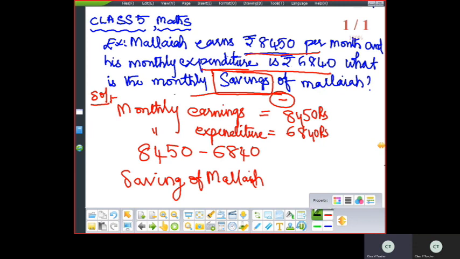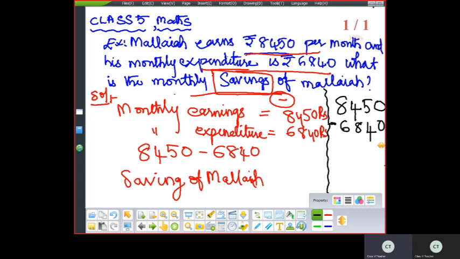Now let me do the rough work. 8,450 minus 6,840.